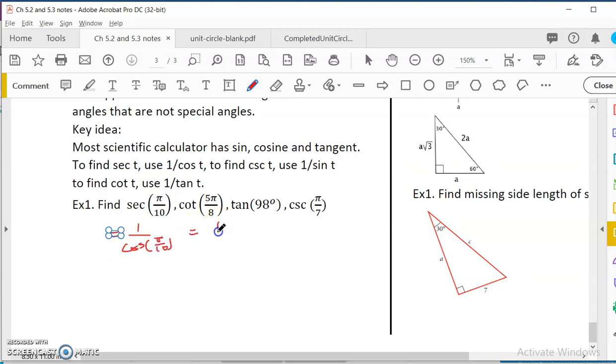And cotangent would be 1 over tangent, so cotangent of 5 pi over 8. Tangent is fine, I just use the calculator. Cosecant is not on the scientific calculator, but it would be 1 over sine of pi over 7. So it's just a matter of putting them in.